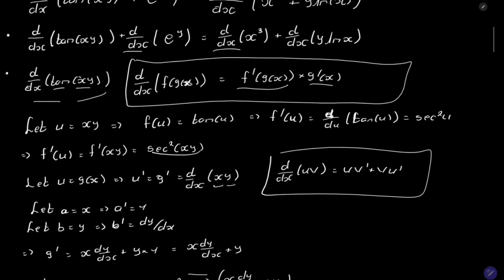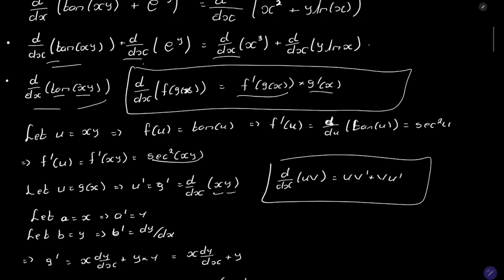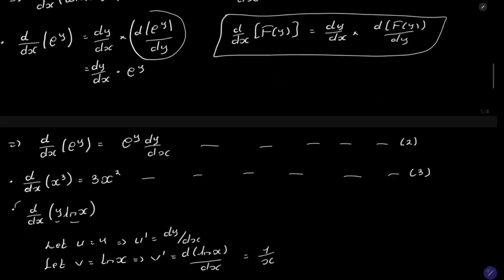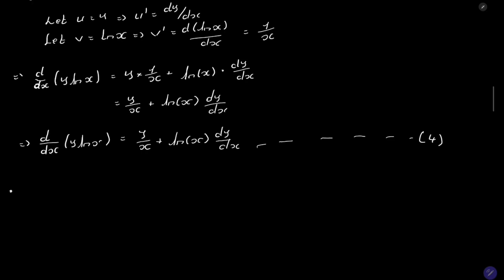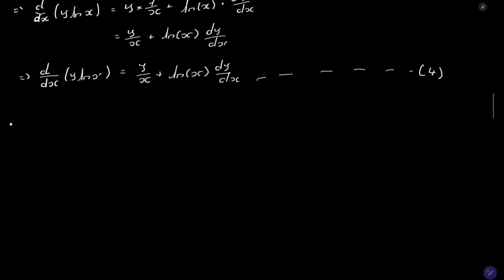So we are done with calculating our 4 different terms. What's the next step we need to do? To substitute these 4 different solutions in our initial equation. So substituting this will leave us with our first term, term 1, plus term 2, equal to the third term plus the fourth term. So let's start. What's our first term? Our first term is x sec squared xy dy on dx, plus y sec squared xy.